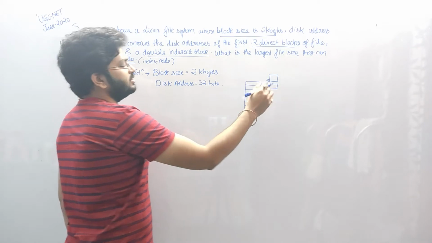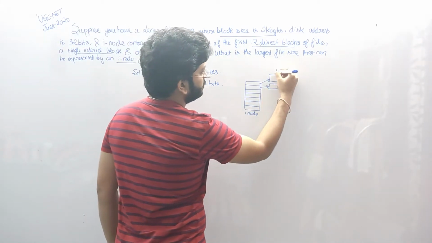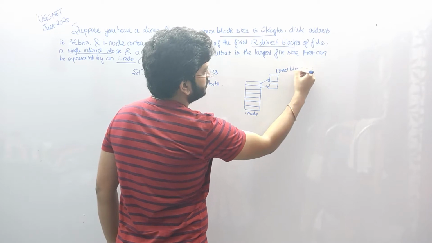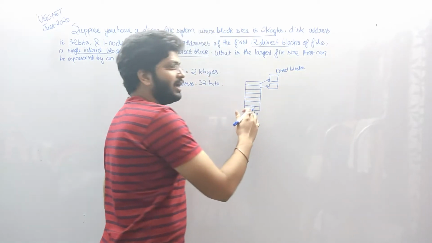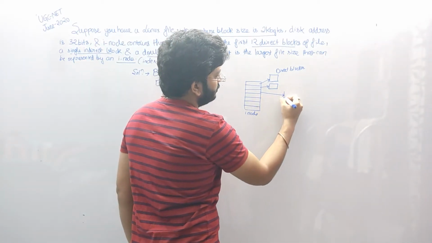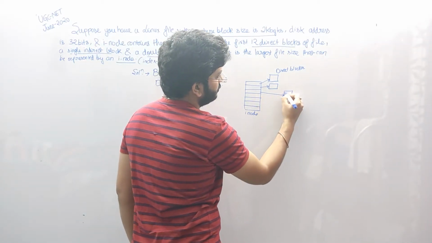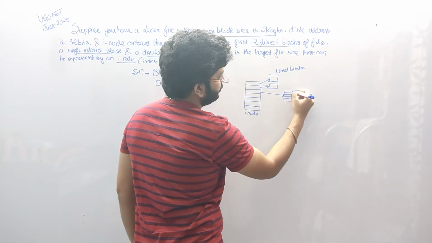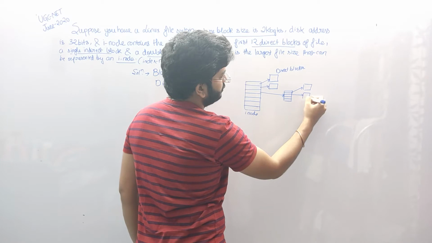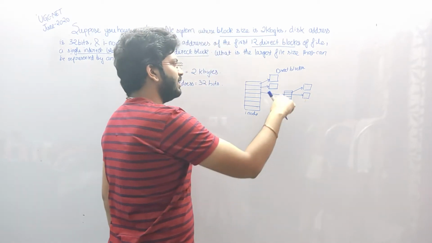So in this case these are the direct blocks which are pointed to directly. These are the direct blocks that are pointed by the inode directly. Now these are indirect blocks. It may be many. These are indirect blocks.